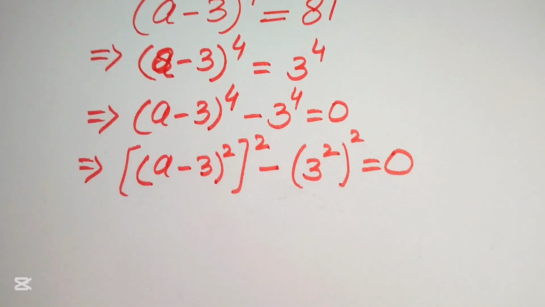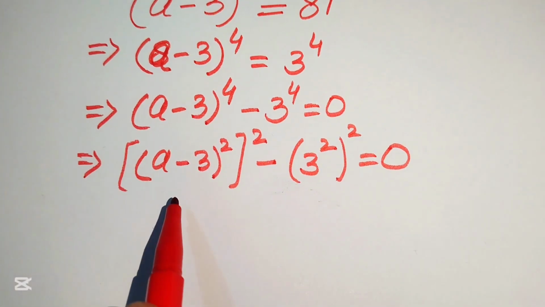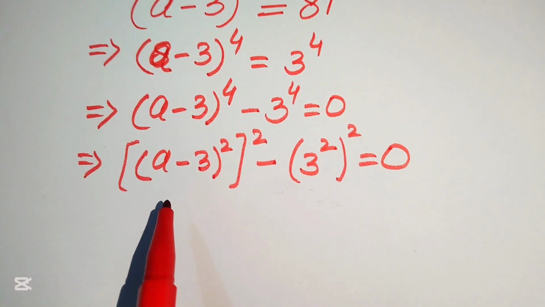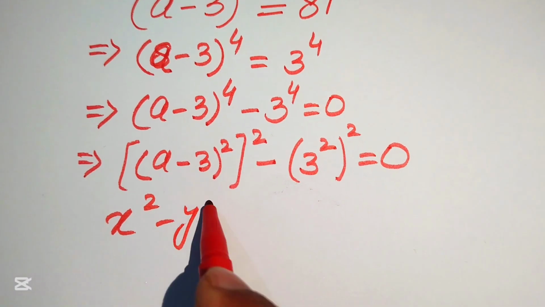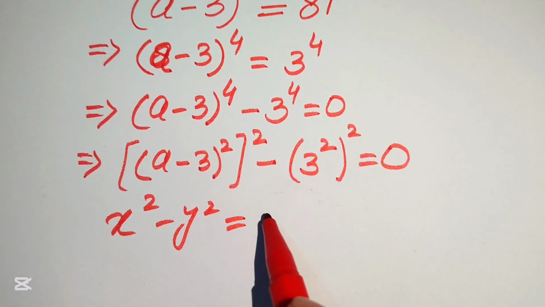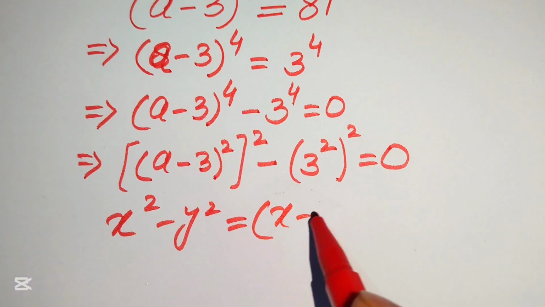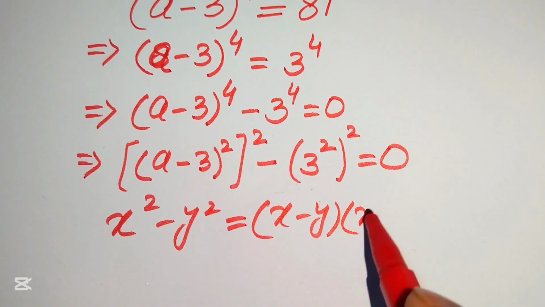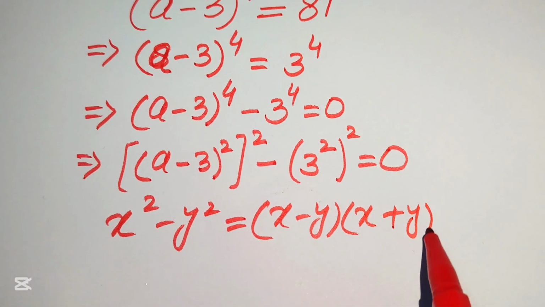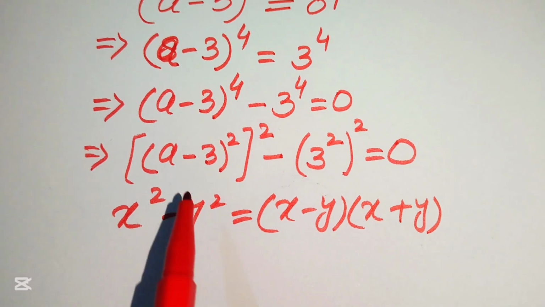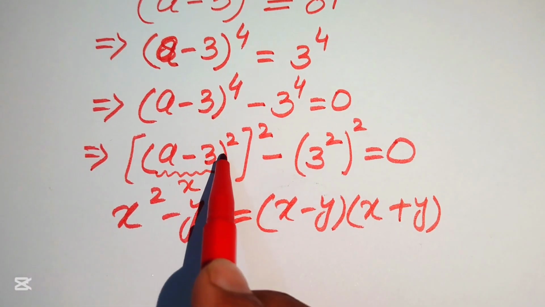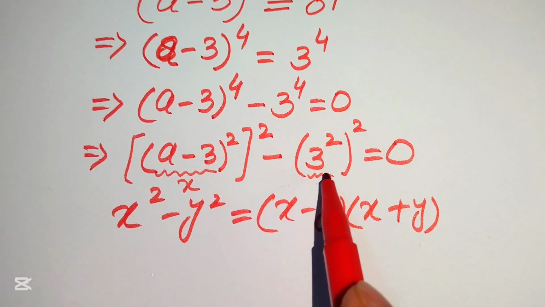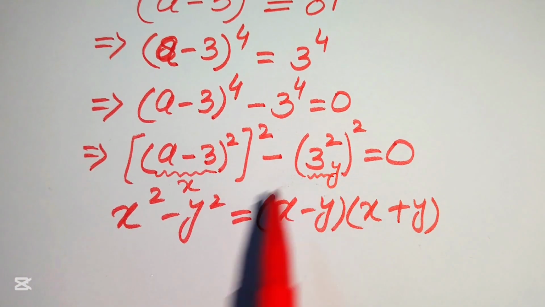Further, you see here we need the nice algebraic formula. You know that if we have x^2 - y^2, it equals (x - y) times (x + y). According to this, here the value of x is (a - 3)^2 and the value of y is 3^2.